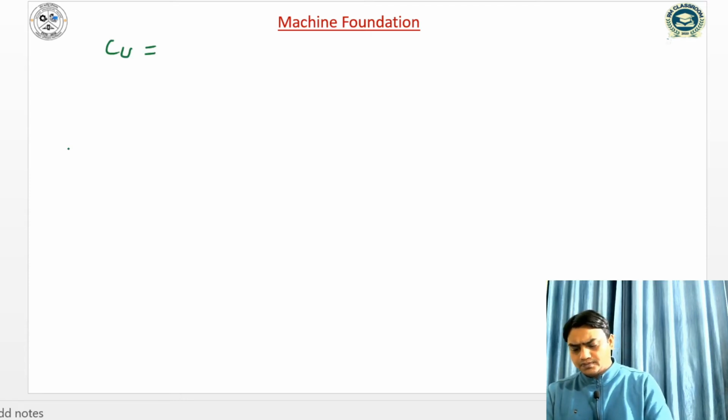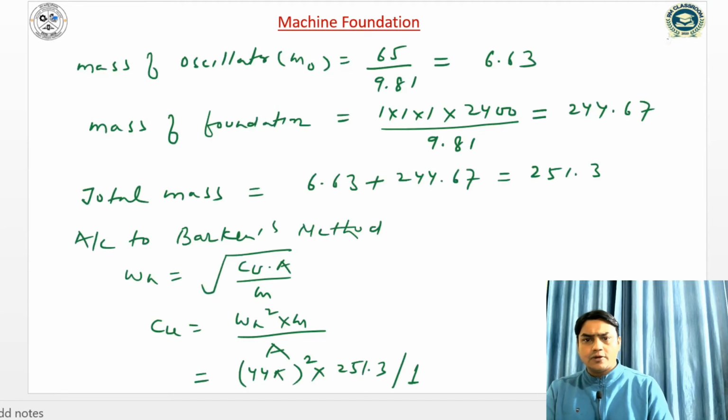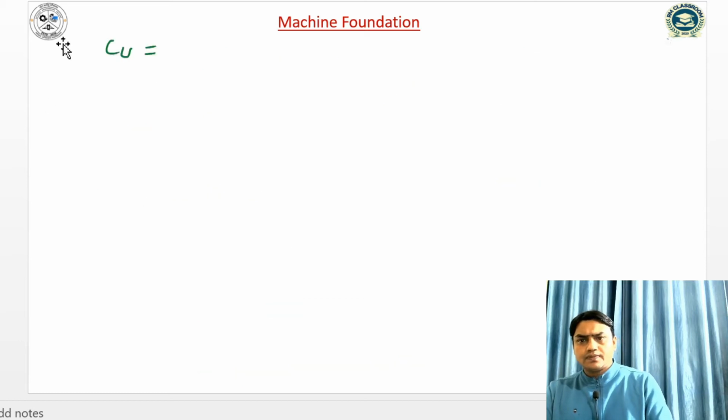So the coefficient of elastic uniform compression is 44 pi whole square into 251.3. So it will be 4801728.35 kg per meter cube divided by 10 to the power 6.